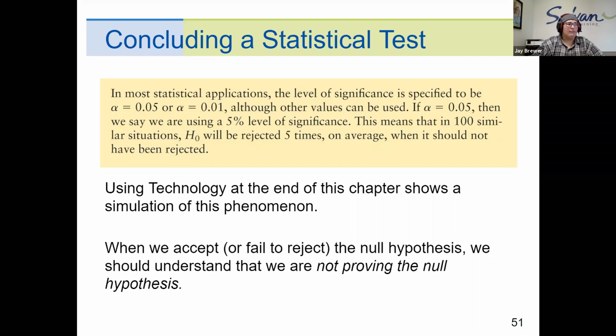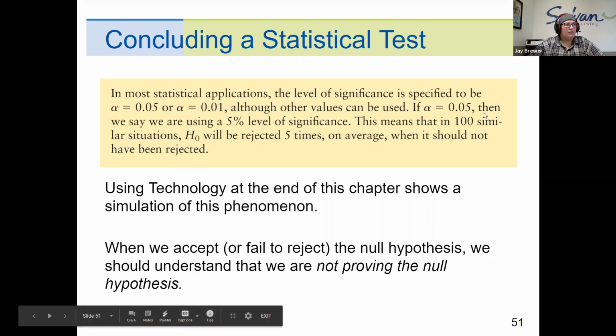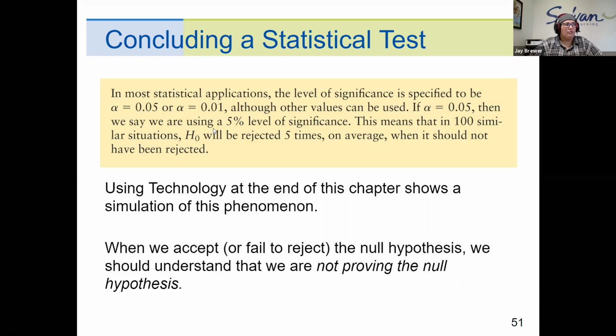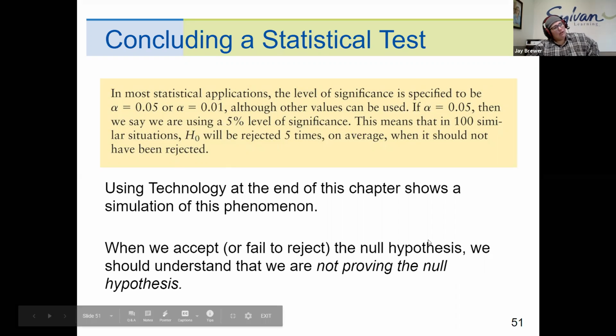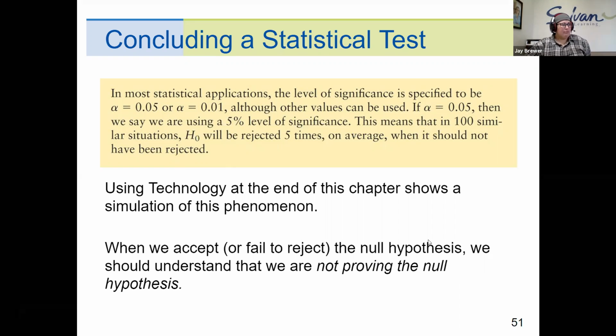It's just not going to happen. Then we say that we are using a 5% level of significance. This means that in 100 similar situations, H sub 0 will be rejected 5 times on average when it should not have been rejected. Using technology at the end of this chapter shows a simulation of this phenomenon.